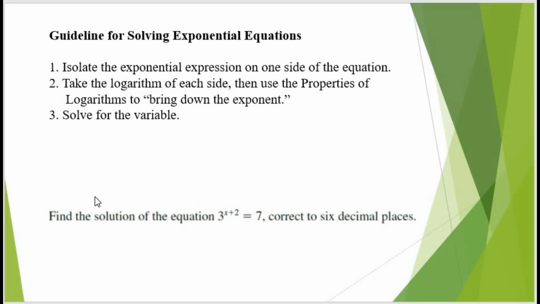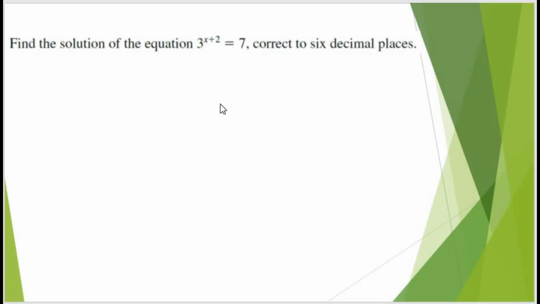Now suppose we are required to find the solution of the equation 3 to the power of x plus 2 equals 7, and we are required to have our answer up to 6 decimal places. So find the solution of the equation. So our given equation is 3 to the power of x plus 2 is equal to 7.